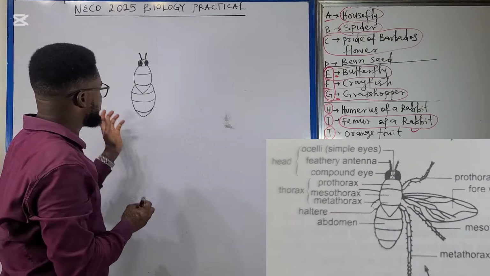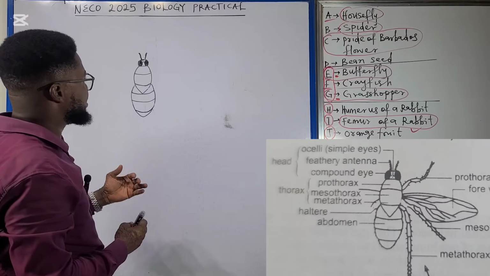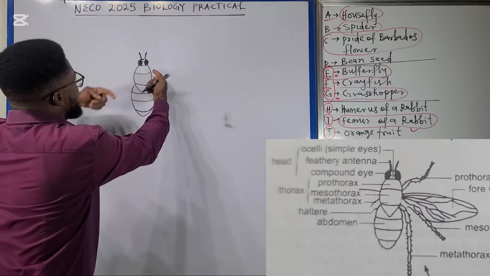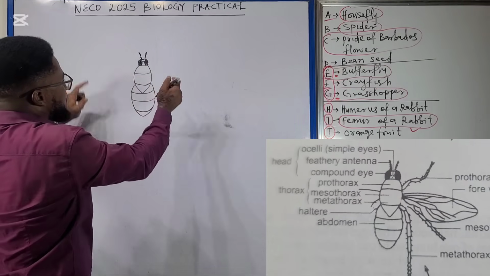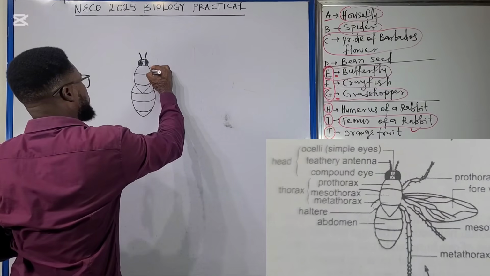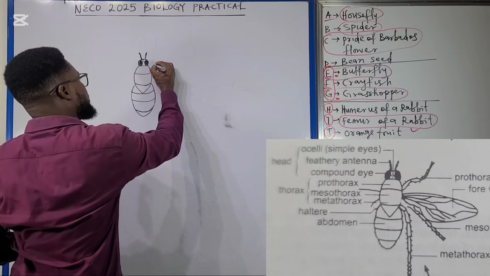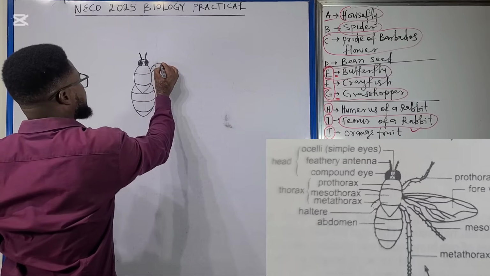The next thing is to now look at the appendages and the wing. The first pair of walking legs will be in the thorax, and it's going to be on the first segment of the thorax. It's going to go somewhat like this. You see? And then we go like this.